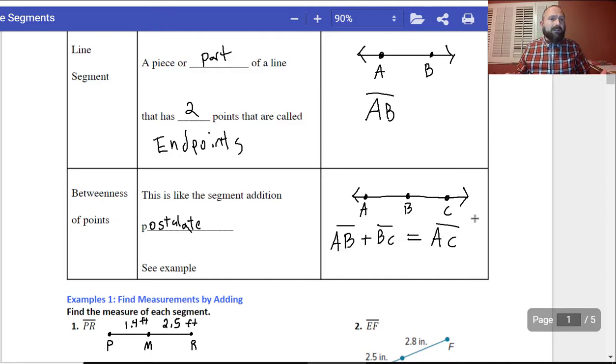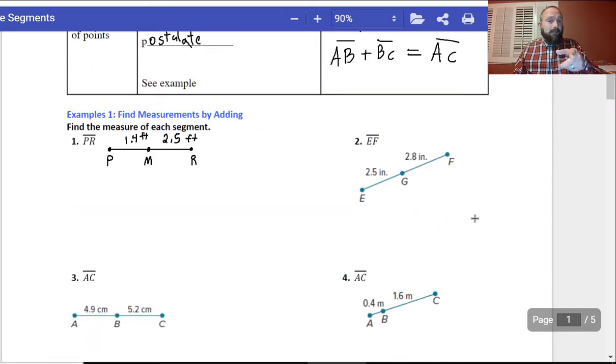And that's the betweenness of the points, or I like to just say it's the segment addition postulate going on. Make sure you write number 1 in. We're doing an easy one to start off with.